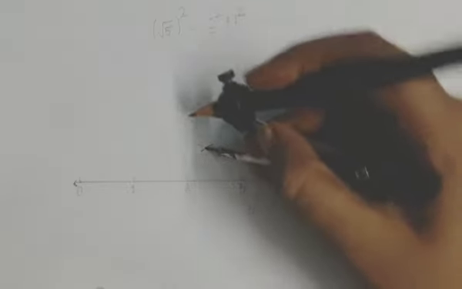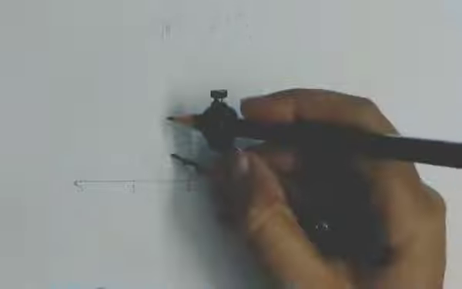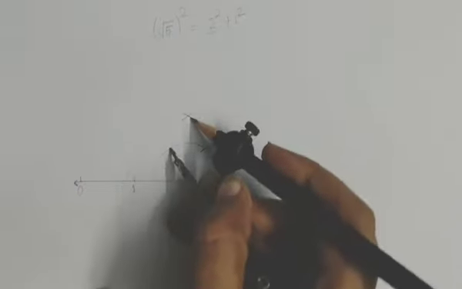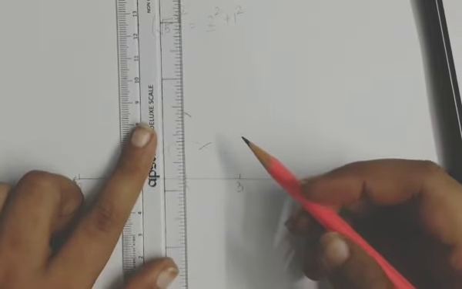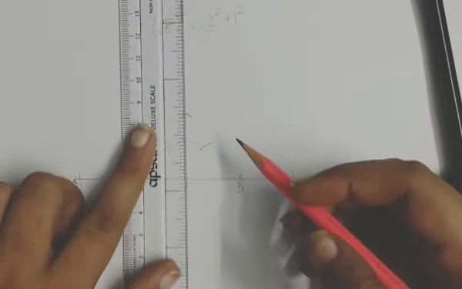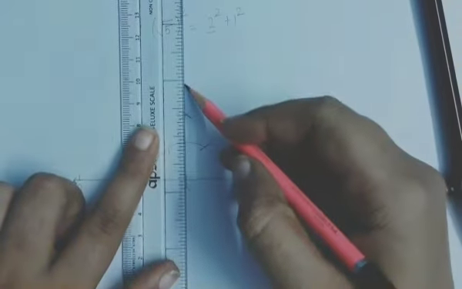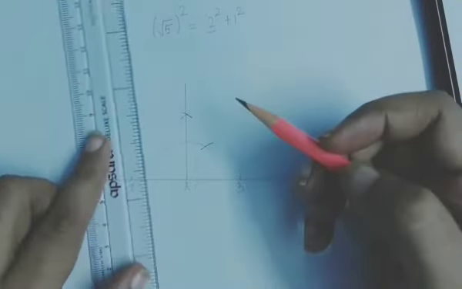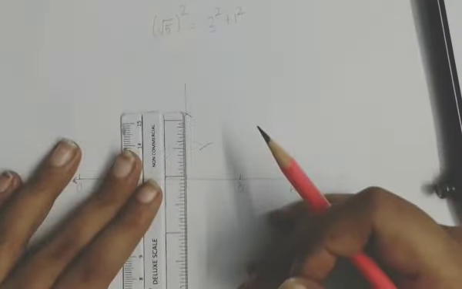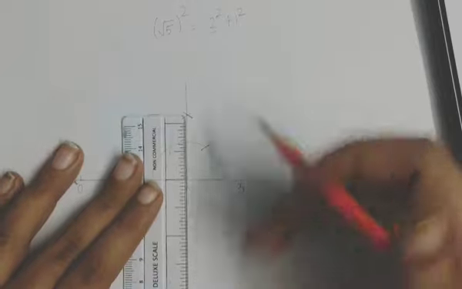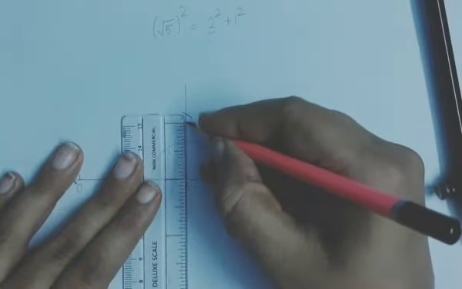To draw 90 degree, we will be marking an arc from 60 and 120 degree. We have 90 degree angle here. Draw a line segment from 2. The length of the line segment would be 1 inch, right? Till here.